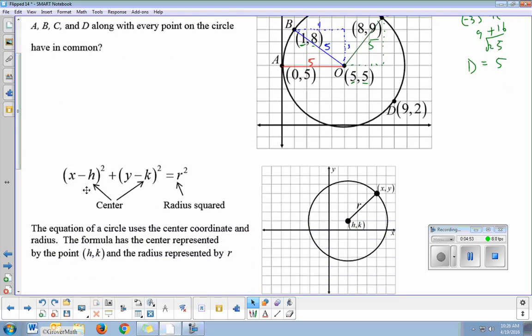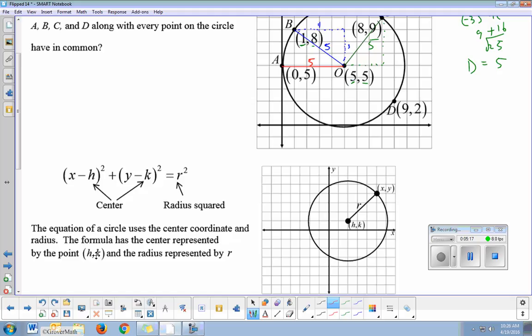This is what the equation of a circle looks like. x minus h squared plus y minus k squared equals r squared, where h and k are the coordinates of the center, and r is the length of the radius. Because those are really the only two things you can know about a circle on a coordinate plane: where is it?